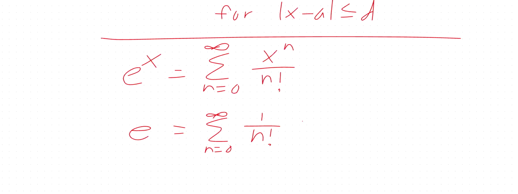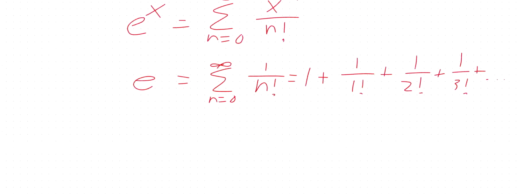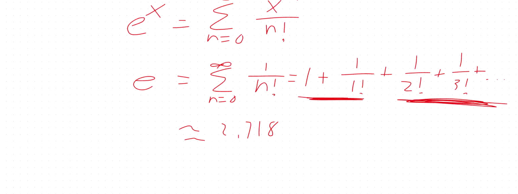So this is 1 plus 1 over 1 factorial plus 1 over 2 factorial plus 1 over 3 factorial, and so on. And now e is roughly 2.718. Right there's your 2. So the rest of this adds up to about 0.718.